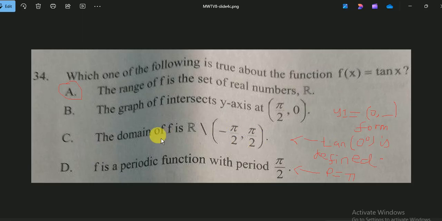For example, 0 is in the domain of the tangent function. Tangent of 0 is defined as 0. But this choice excludes 0, which should have been included in the domain. So it's not correct. Similarly, the period of tangent is not pi over 2, it is pi. So the correct answer is A.